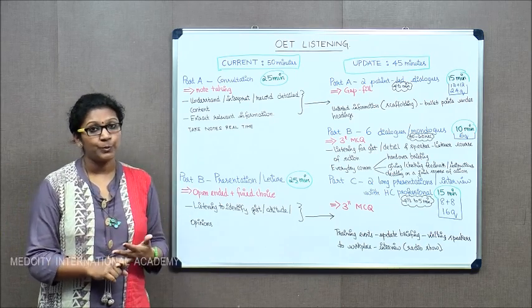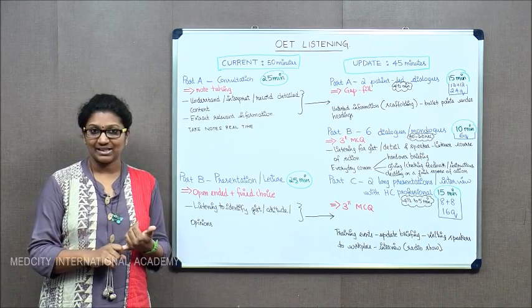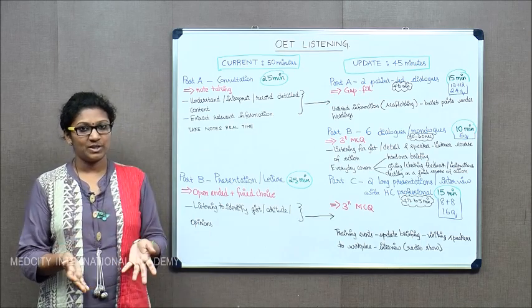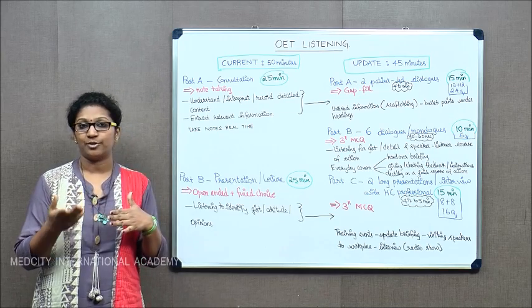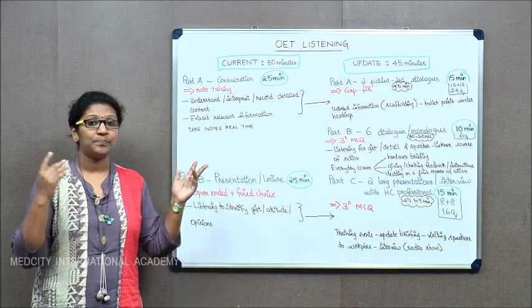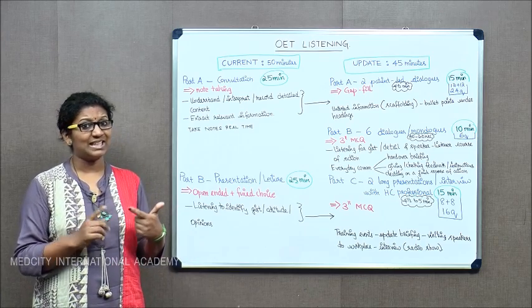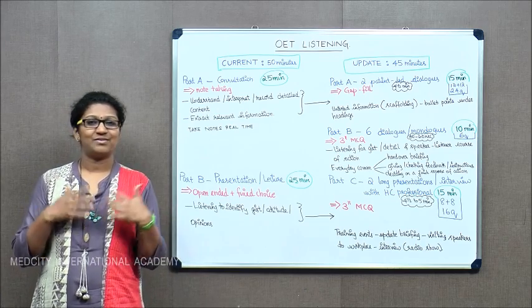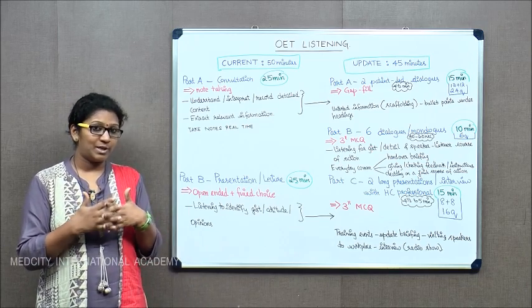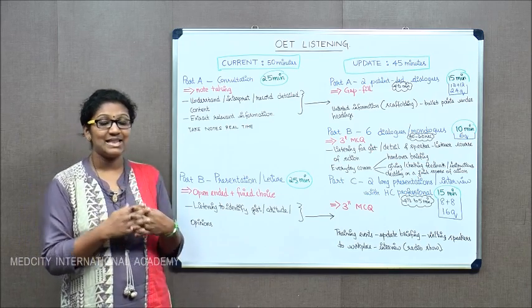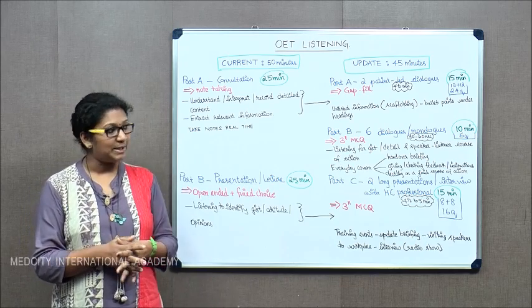The current OET Listening mainly focuses on the Australian accent, but in the updated version, you'll have many other accents included as well. For example, the Australian will remain. You'll also have British accent, Irish, Canadian, and South African. So there are various other accents that will be introduced in your OET Listening in the updated version, which will be active from September 2018.